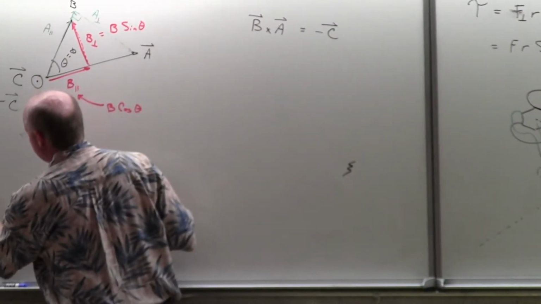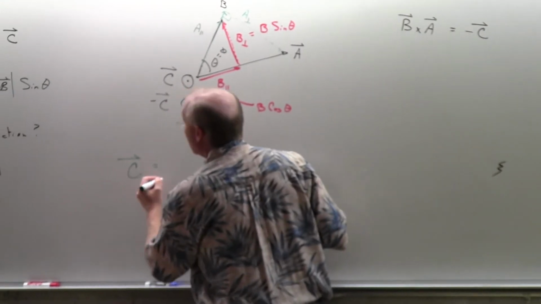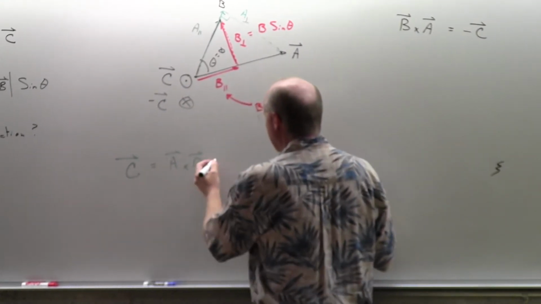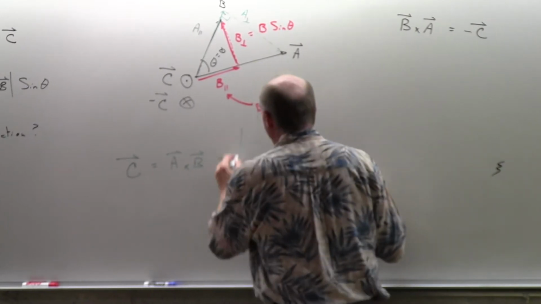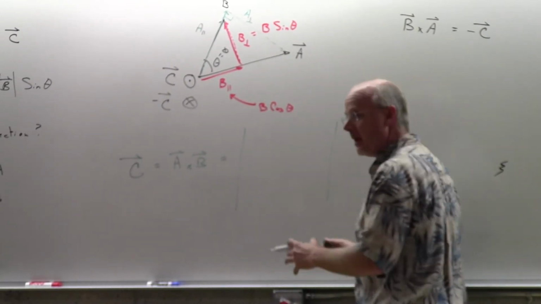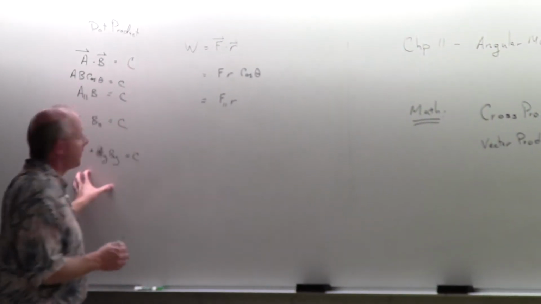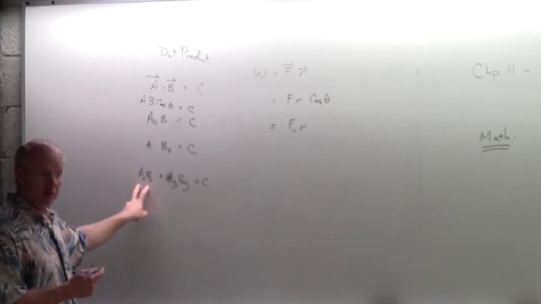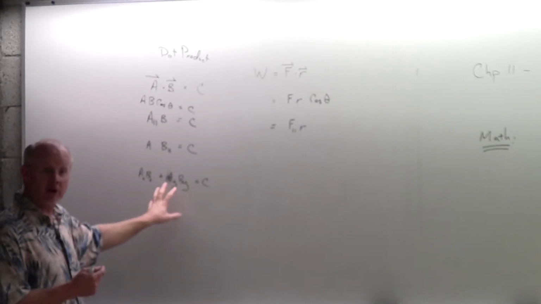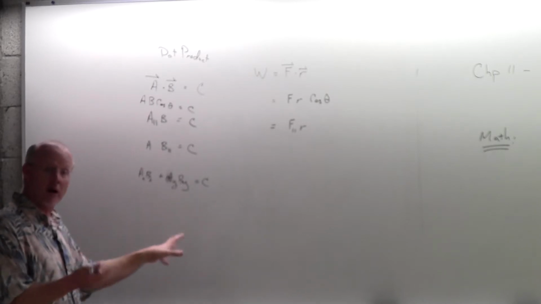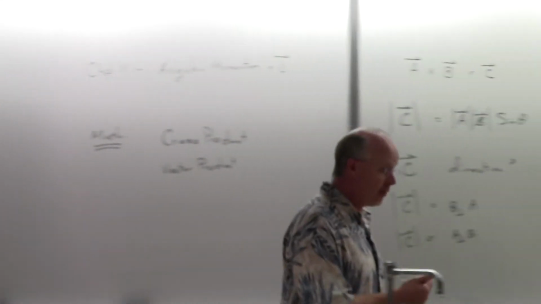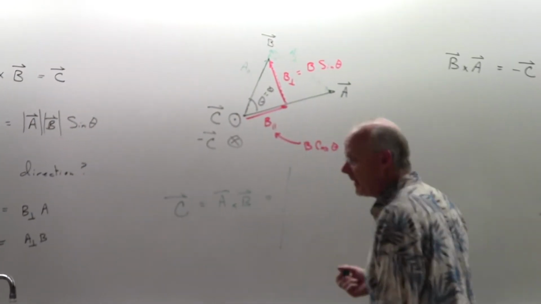I'll put it as vector C, which equals A cross B, can be worked out with the components. So it's kind of like this one here with the dot product. See how we put the x components together and then the y components together? So we figured out the dot product by looking at the x and y components of the vectors. You can do the same thing, although it gets kind of complicated.